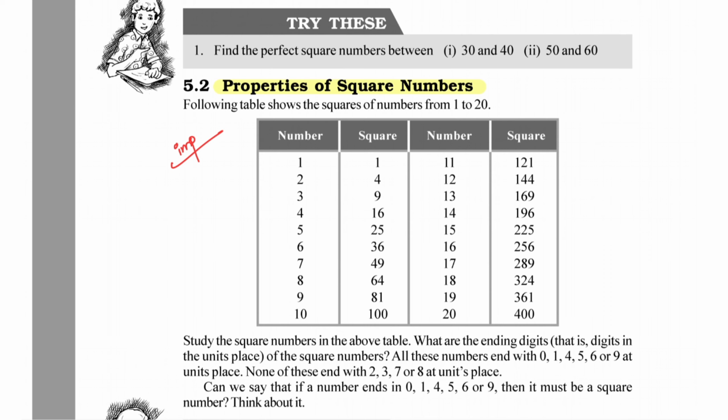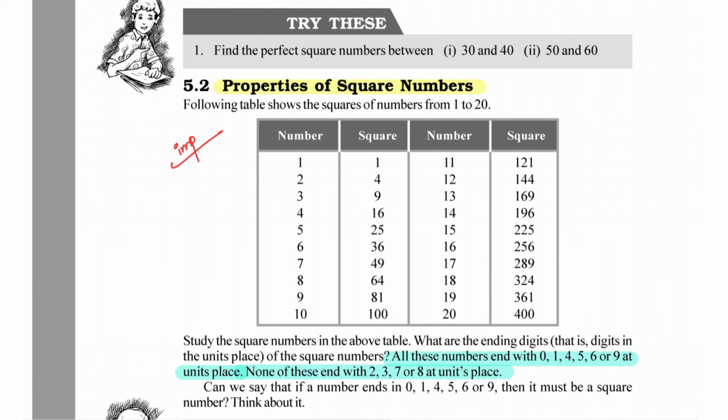If you observe carefully from this table, you can make out that all these square numbers end with 0, 1, 4, 5, 6 or 9 at the units place. And none of these numbers ends with 2, 3, 7 or 8 at the units place.